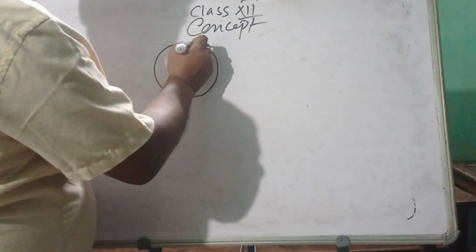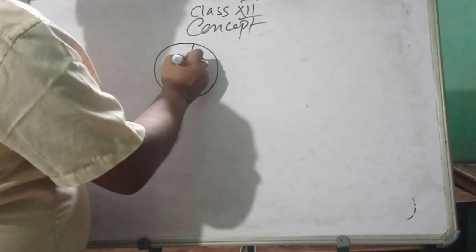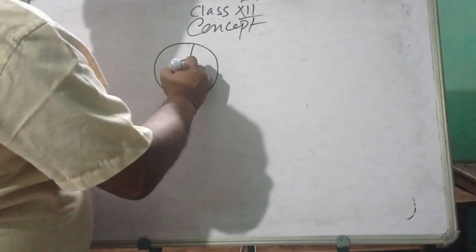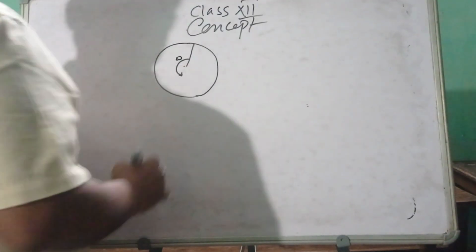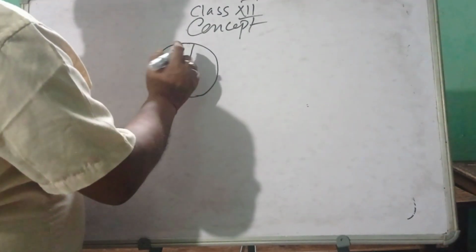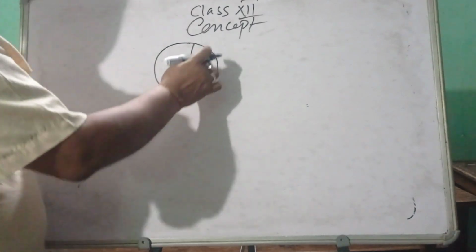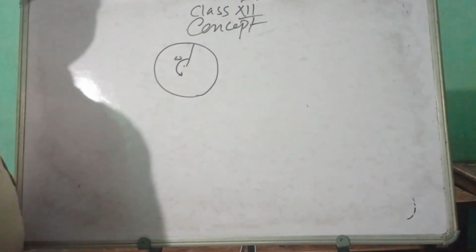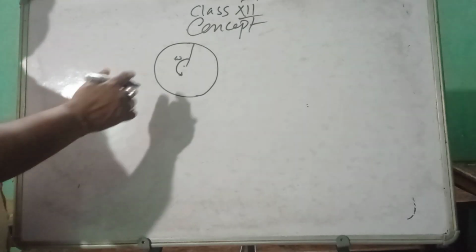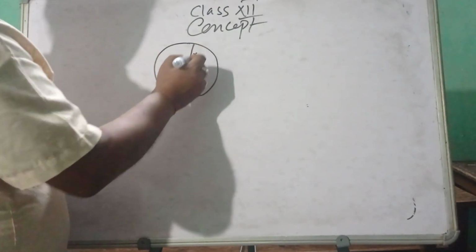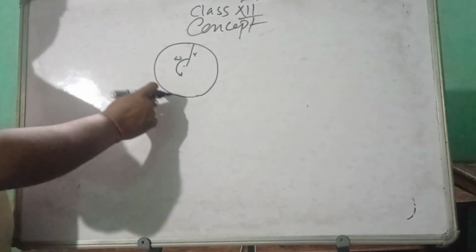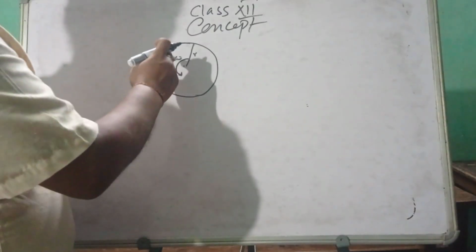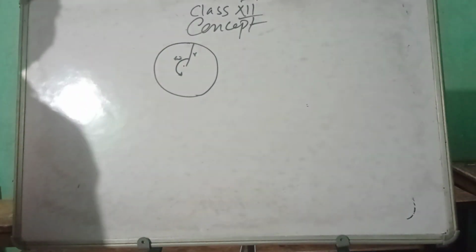And this is a rod of radius r, and it is rotating in anti-clockwise direction with angular velocity omega.